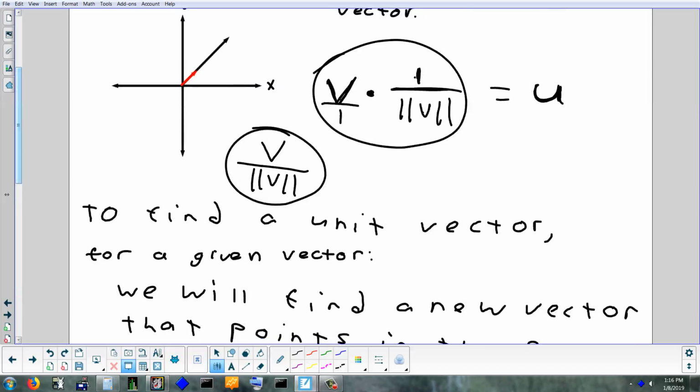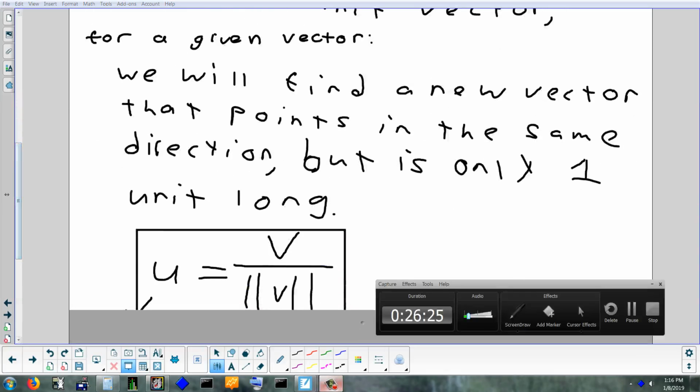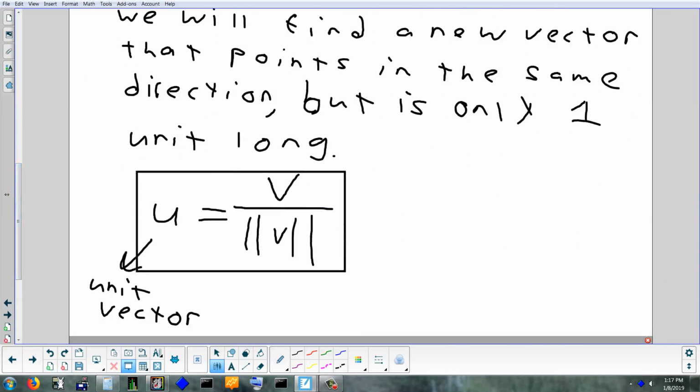So whether you multiply by 1 over the length or just divide by the length, it really means exactly the same thing. Right? So here's the formula to convert a vector into a unit vector. All it's doing is it's changing how long or short it is to make it exactly 1. It's not changing the direction. Okay?